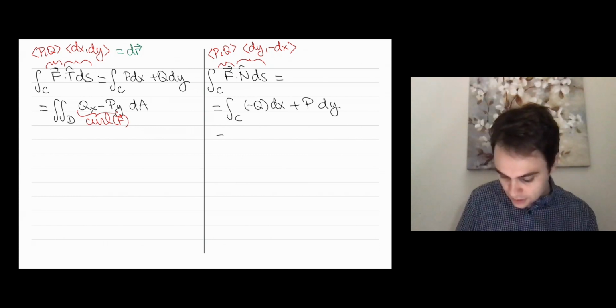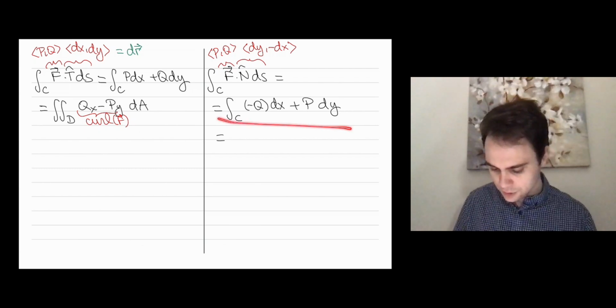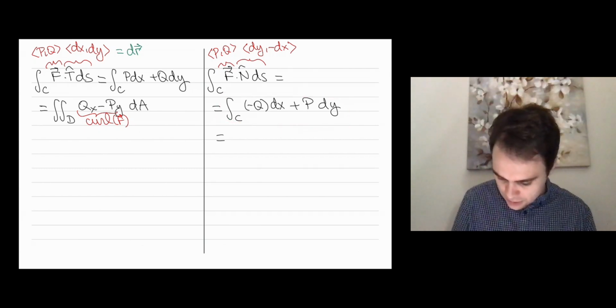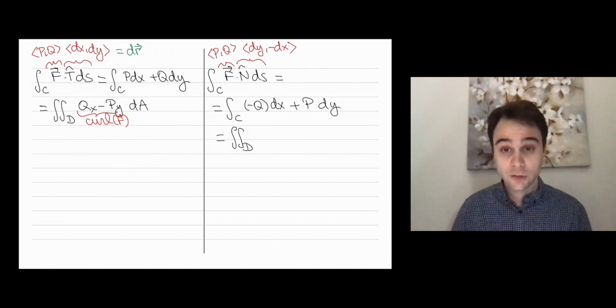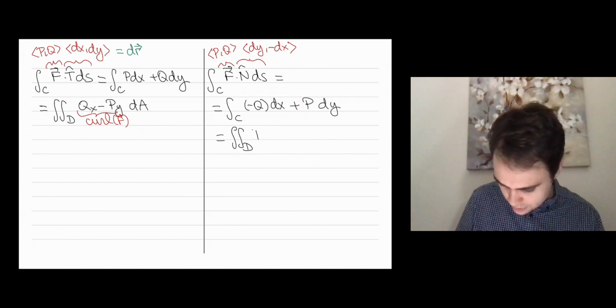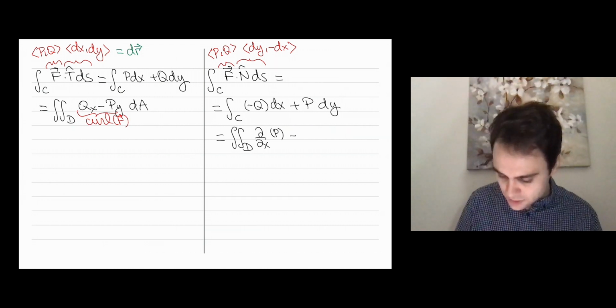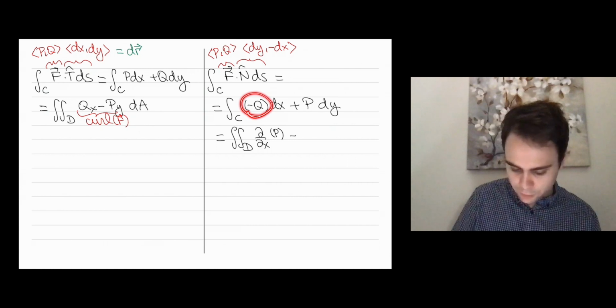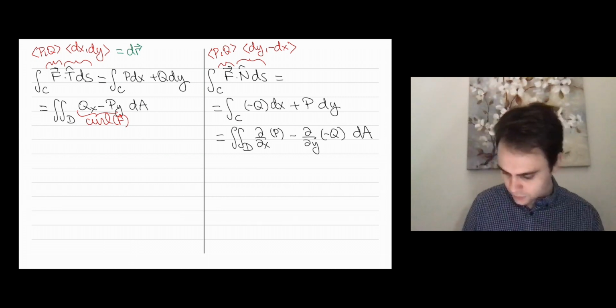And then I ask you, what does Green's theorem tell me about this line integral? The answer is Green's theorem tells me this is the same as the double integral over the region inside the curve of the x partial of the second component, that's the x partial of P, minus the y partial of the first component, times dA.